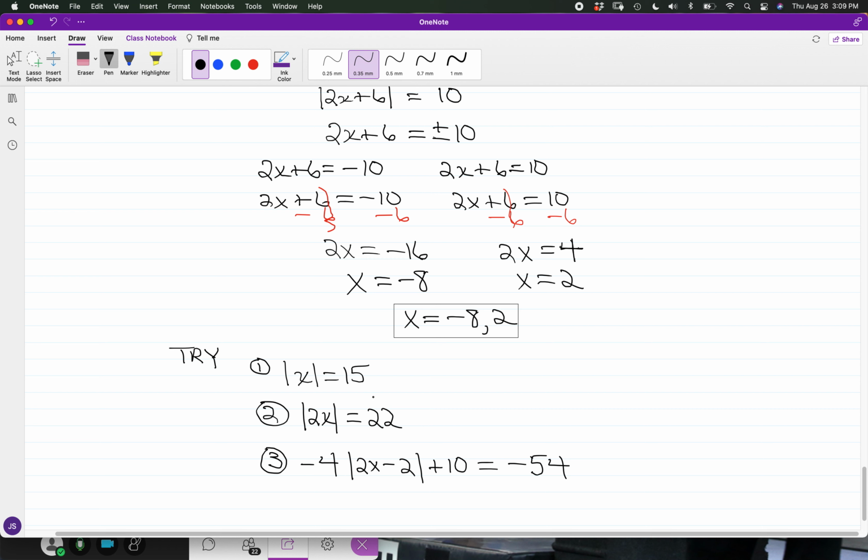So the first two are fairly short answers, but the third one might require quite a few steps. So for the next few moments, let's see what we get for x in these three problems.